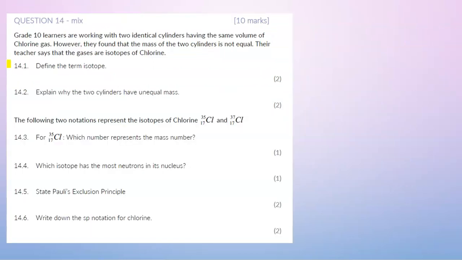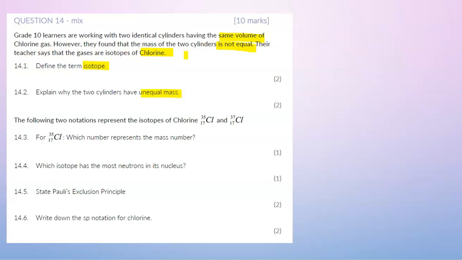Okay, question 14 is a mixture of questions. They talk about things there, but it's about chlorine again. They've asked to define the term isotope, we've had that, and explain why the 2 cylinders have unequal mass. Now you actually need to read the question. So grade 10 learners are working with 2 identical cylinders having the same volume of chlorine gas. However, they found that the mass of the 2 cylinders is not equal.